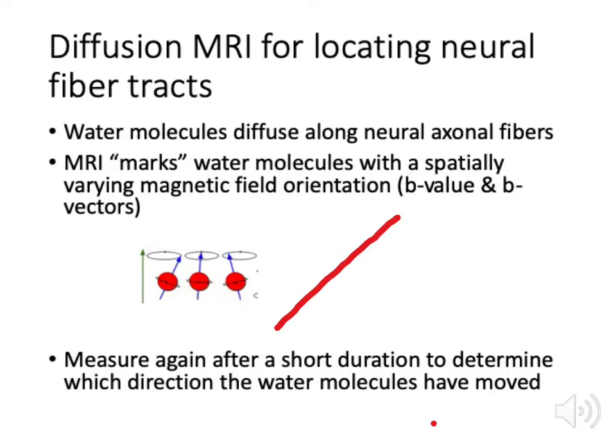Water molecules within neurons are permitted to diffuse only along the axons within neuronal fibers. Therefore, by measuring multiple B vector directions of diffusion and finding in which part of the brain this diffusion happens, we can reconstruct the many and varied directions of diffusion of water molecules within the brain, which are a proxy for the actual neural fibers.